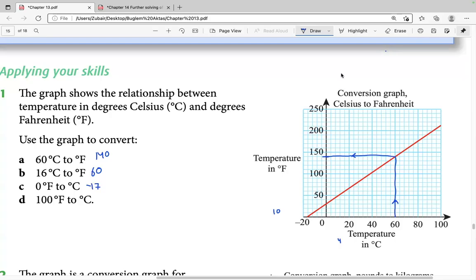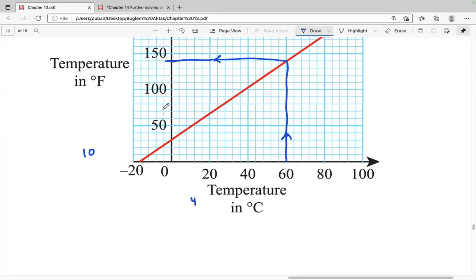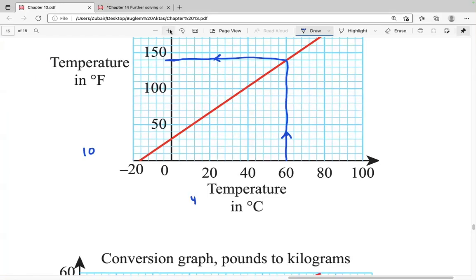So we find it by looking upwards, right? Like how many lines upwards, but for 10, 20, isn't it 20? The 20 should be at the fifth mark of the box. Yes, 20 should be at the fifth mark. So I mean this is definitely 0, it should be 20 Fahrenheit, right?